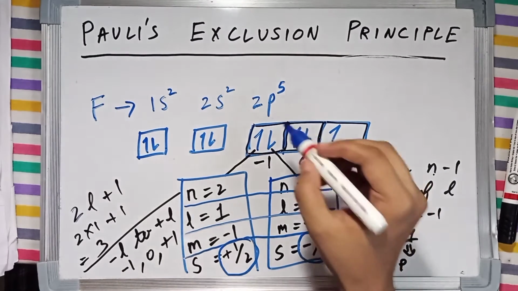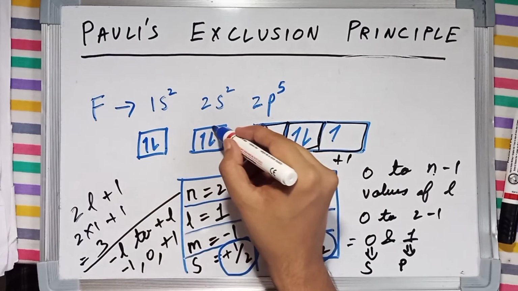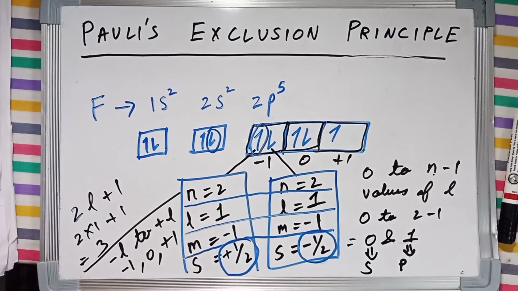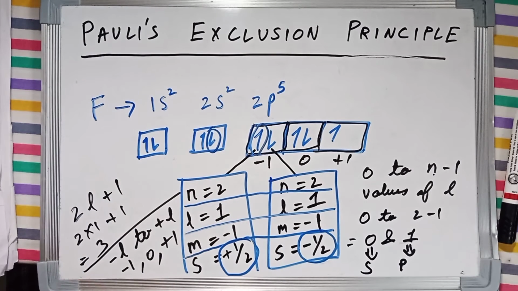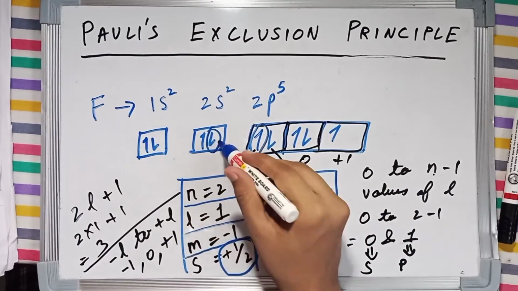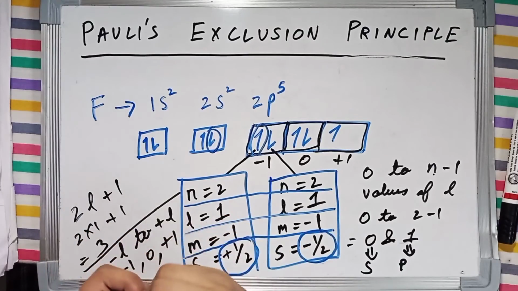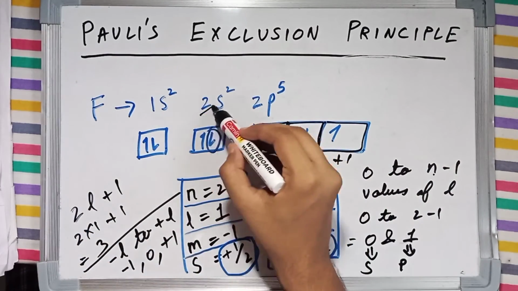If you guys would have taken this and maybe this electron, then let's compare these 2 electrons. These 2 electrons will also be having different addresses. So for this electron we have the values. Now let's check out for this one. The value of n for this electron is 2.